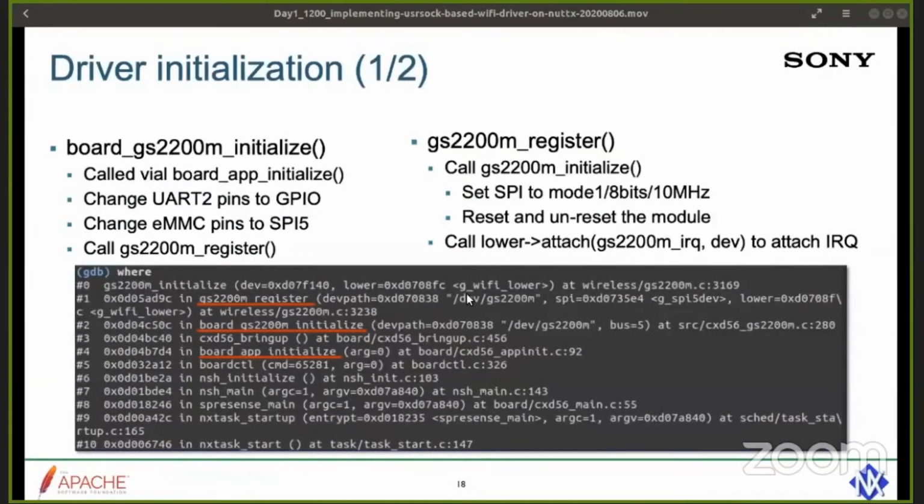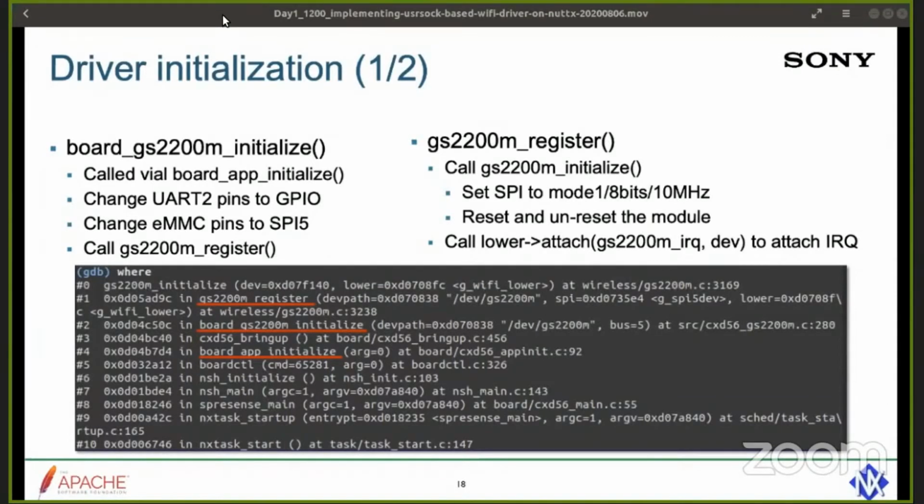This slide shows the driver initialization sequence. In NuttX, there are several initialization routines. A board-specific initialization, which is board GS2200M initialize, is called via board app initialize. In this function, we do board-specific settings such as GPIO and SPI. This calls GS2200M register, which registers the GS2200M driver.